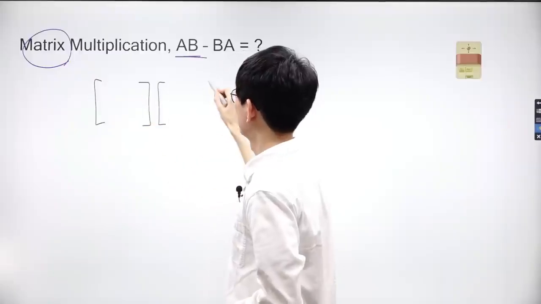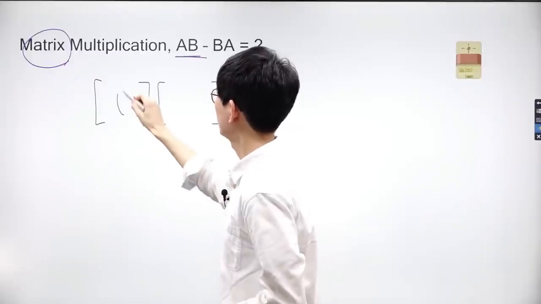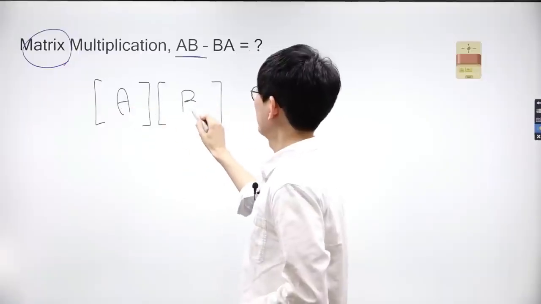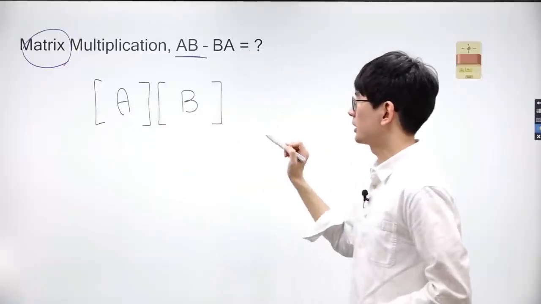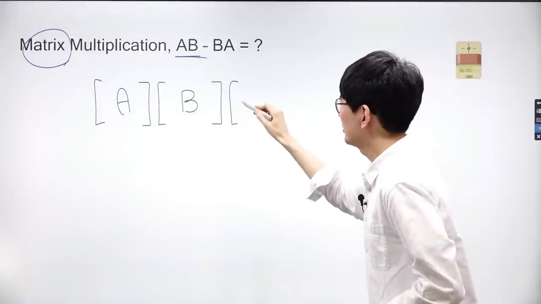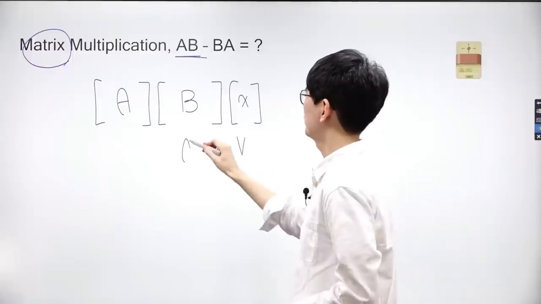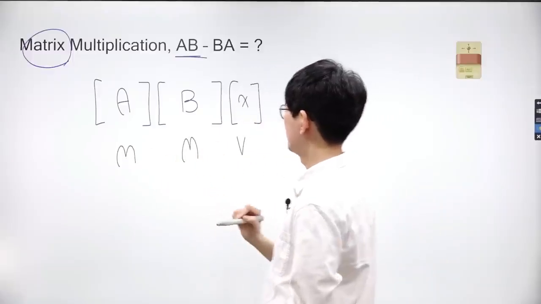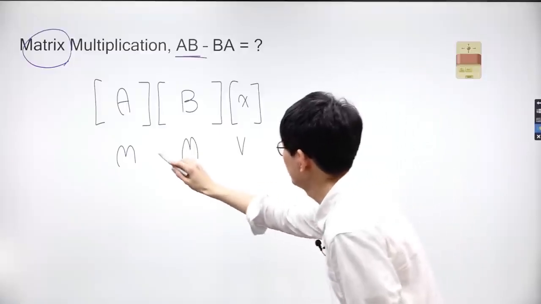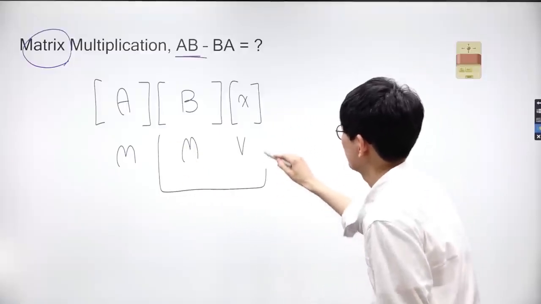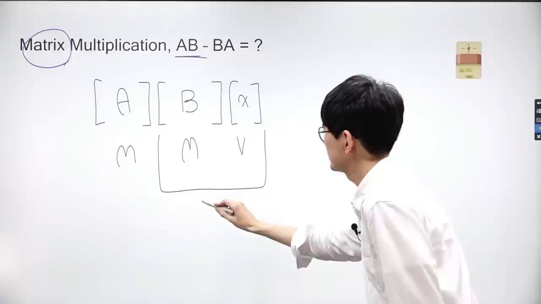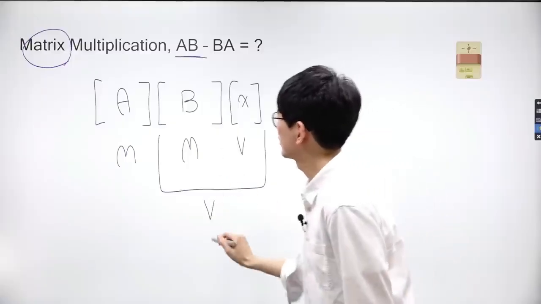Let's consider multiplying two matrices A and B along with a vector x. Once again, A and B are matrices and x is a vector. We'll begin by multiplying matrix B by vector x, resulting in a new vector.